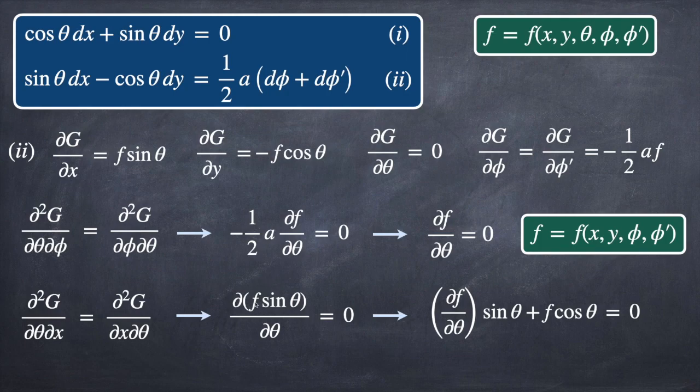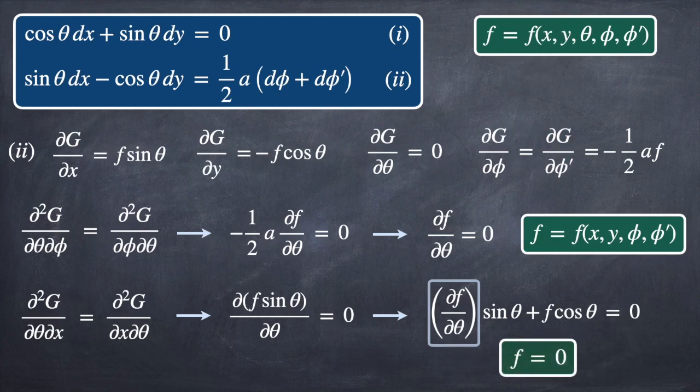If we did not know that, we would calculate the derivation of this product, which is going to be del f del theta multiplied by the sine of theta plus f multiplied by the cosine of theta, which is the derivative of sine of theta with respect to theta. But del f del theta is 0. And then we have that f must be equal to 0 as well.